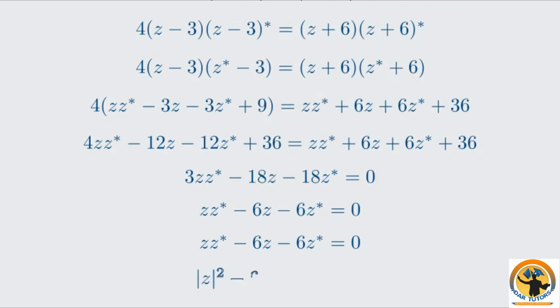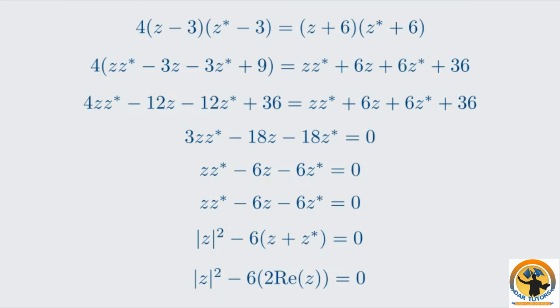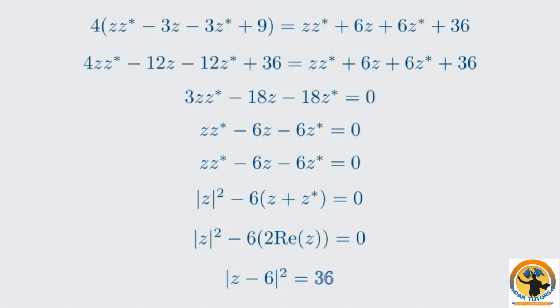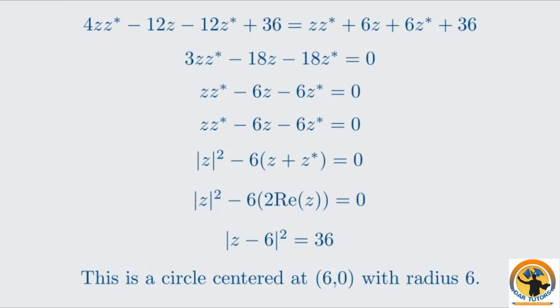This equation represents a circle. To find the modulus, we need to find the center and radius. We can rewrite the equation as the modulus of z minus 6 squared equals 36. This is the equation of a circle centered at 6 with a radius of 6.